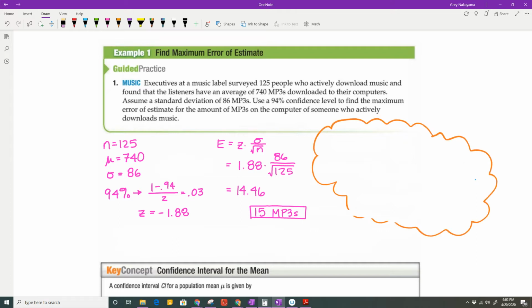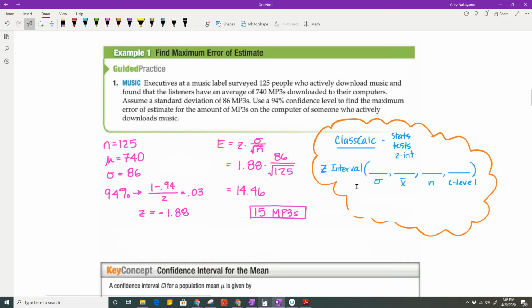Now, how would you do it with ClassCalc? With ClassCalc, you go to Stats, and I'm going to do this for you and show you, but I'm having it written down so it's handy for you. You go to Tests, and then you hit Z interval. When you hit Z interval, it brings up the words Z interval with 4 blanks.